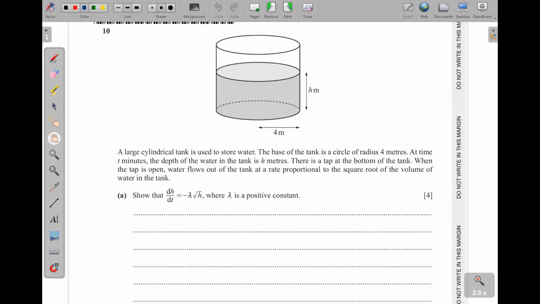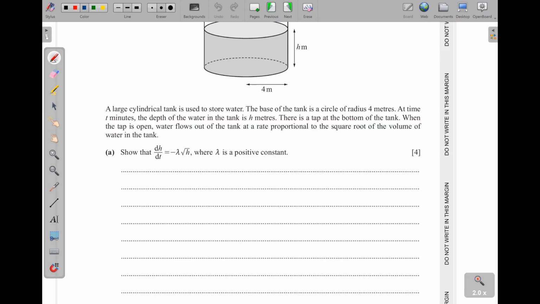a positive constant. Now, they are saying that water is flowing out of the tank at a rate proportional to the square root of the volume in the tank. So I'll say dV/dt is proportional to the square root of the volume of water in the tank.